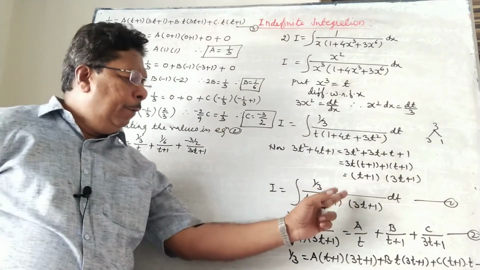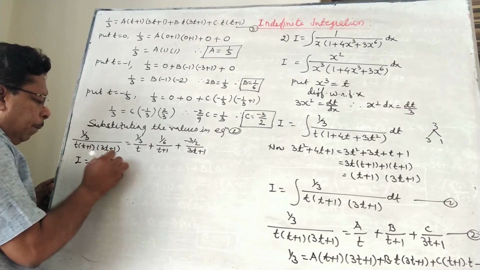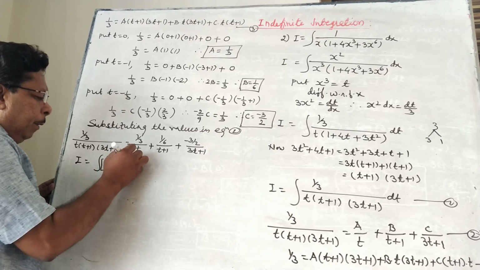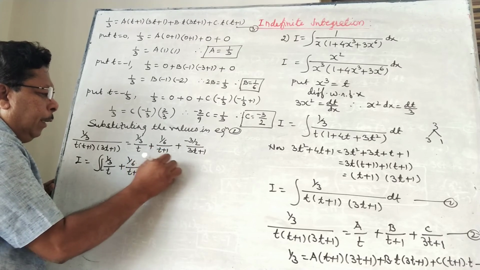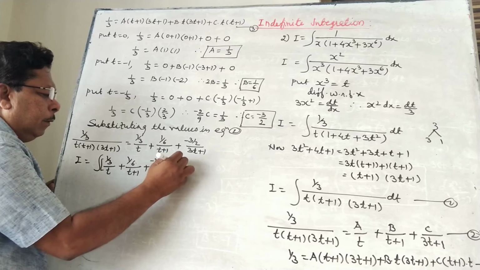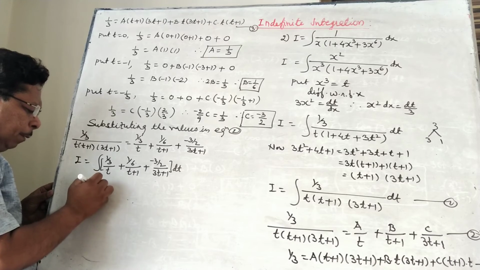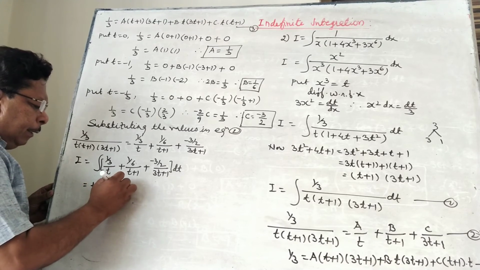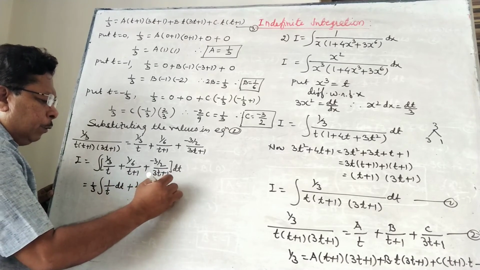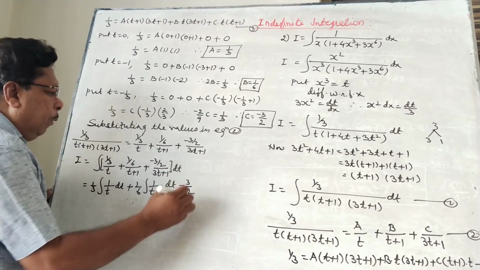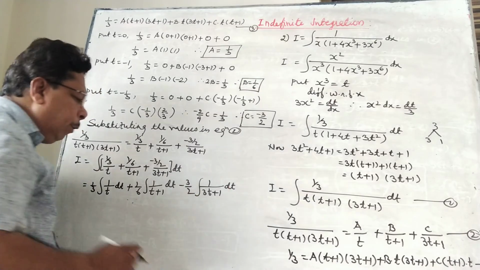Substitute the value in the given integral I, equation 1. I is equal to integration of 1/3 upon t plus 1/6 upon t plus 1 plus -3/2 upon 3t plus 1 dt. Now you can take the separate integration: 1/3 integration 1 upon t dt plus 1/6 integration 1 upon t plus 1 dt minus 3/2 integration 1 upon 3t plus 1 dt.